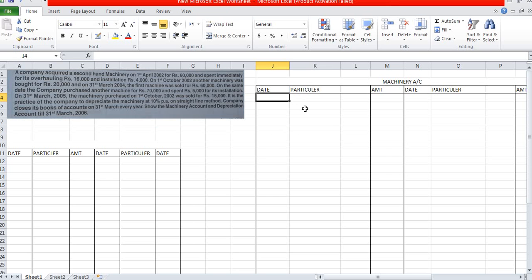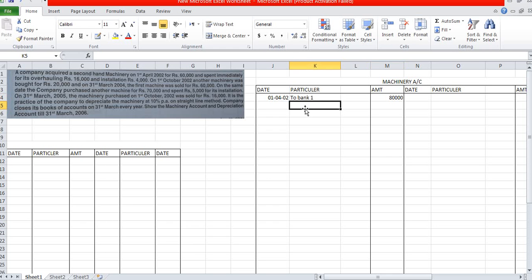Okay, machinery account. What we have got: 1st April 2002, to bank. Machine, in machine account, machine we cannot write, so that's why to bank machine 1. The amount is 80,000, 60 plus 20, 80,000.